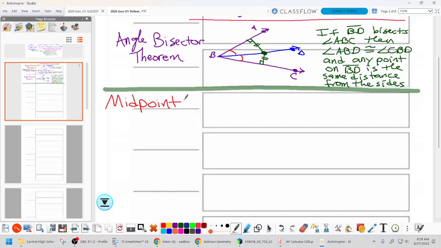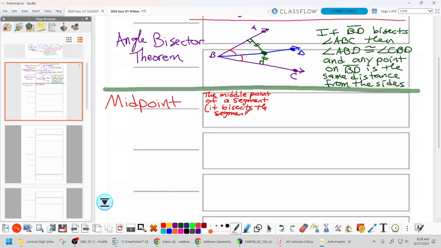Okay, so first, let's define this. The middle point of a segment bisects the segment.